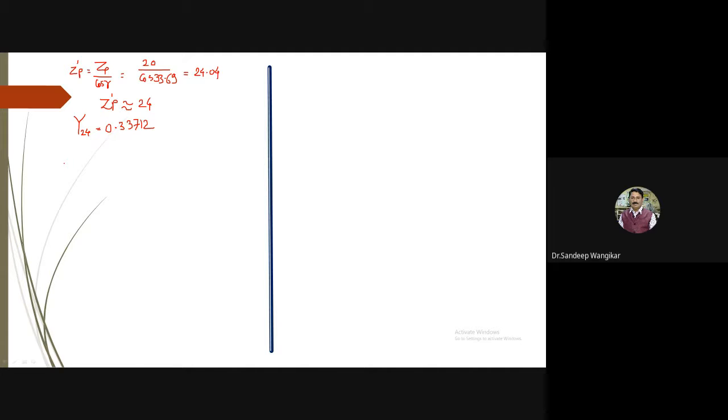So here, let us go for calculating sigma b. Sigma b is equal to SUT divided by 3. Ultimate tensile strength is given, 660 divided by 3. So you will get the answer as 220 Newton per mm square.